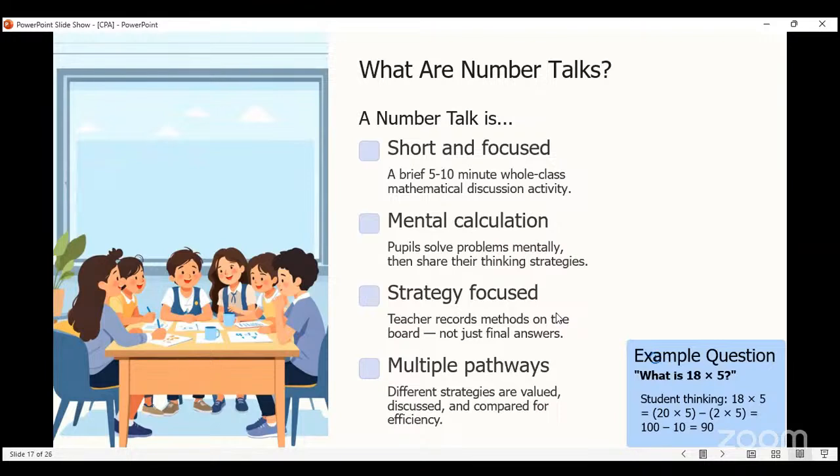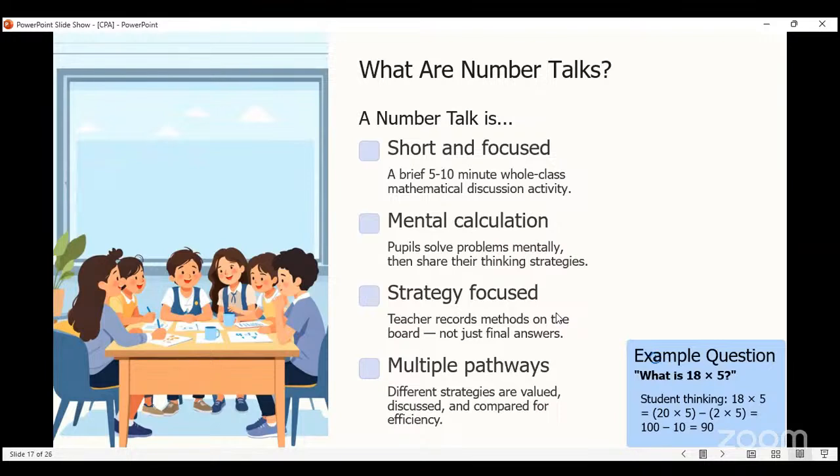For example, 18 times 5. A child could first think 20 times 5 minus 2 times 5. 20 times 5 is 100, 2 times 5 is 10, so when you take 100 minus 10, it gives you 90.